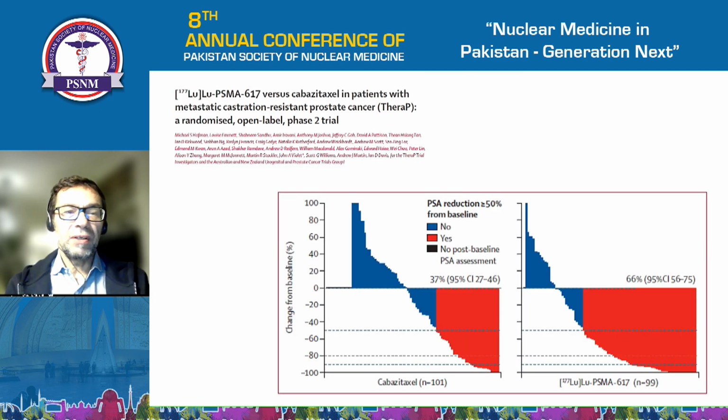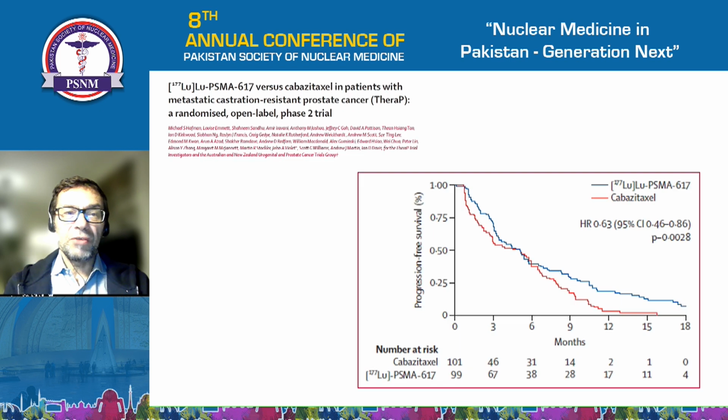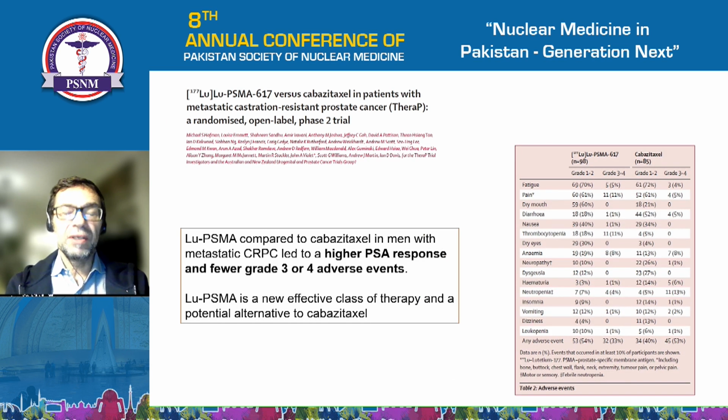And you see that on the right, the PSA response was much better as compared to cabazitaxel. So clearly superior to the standard chemotherapy, which is given to these patients. Of course, we are talking about patients with advanced cancer. These are the curves, again showing an advantage of lutetium PSMA over cabazitaxel in metastatic castration-resistant prostate cancer already treated with ARSI and with taxane.